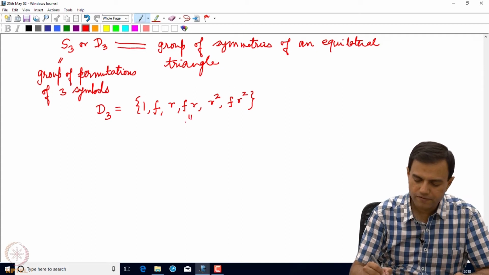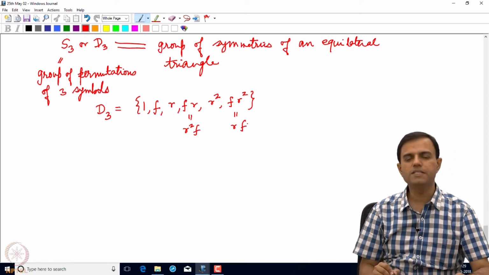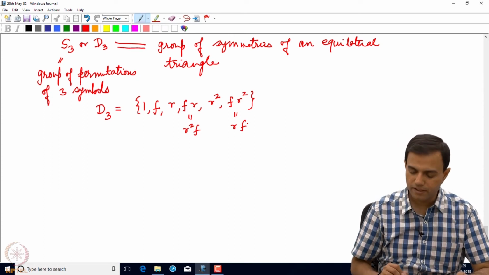And it's not very difficult to see that Fr is actually same as R square F, and Fr square is same as Rf. So these six elements are there.